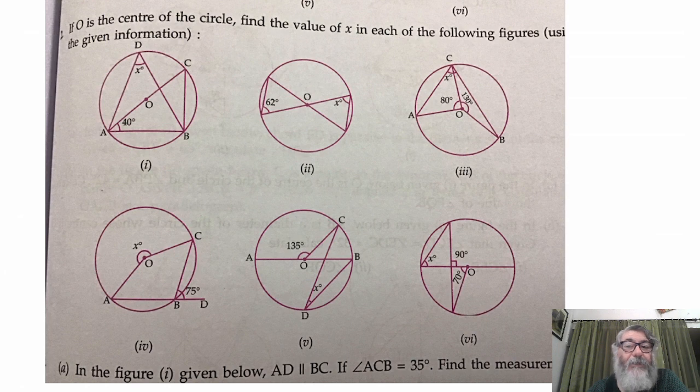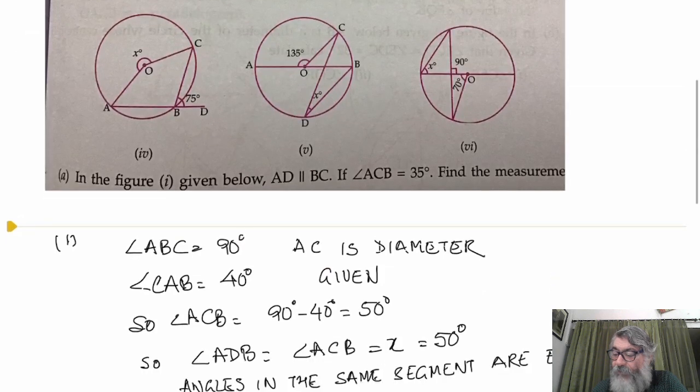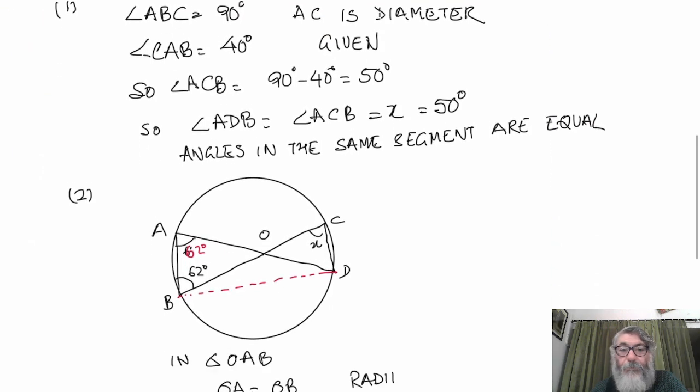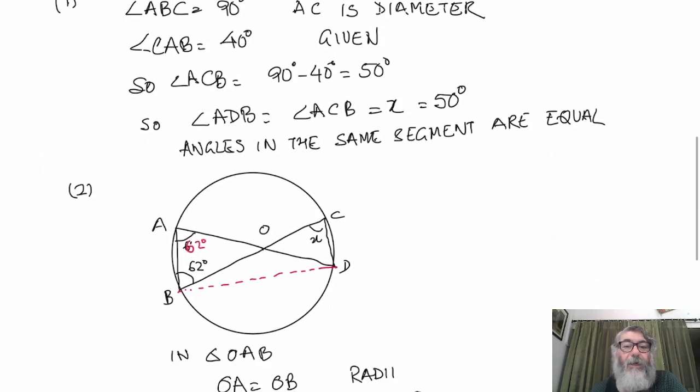If the center is there, any line drawn from the center to the circumference of the circle will be radius. So in the figure, OA, OB, OC, OD all are radii. They are all equal. And if two sides of a triangle are equal, then the angles opposite to them are equal. So in this case, OAB will be equal to OBA. Each will be 62 degree.